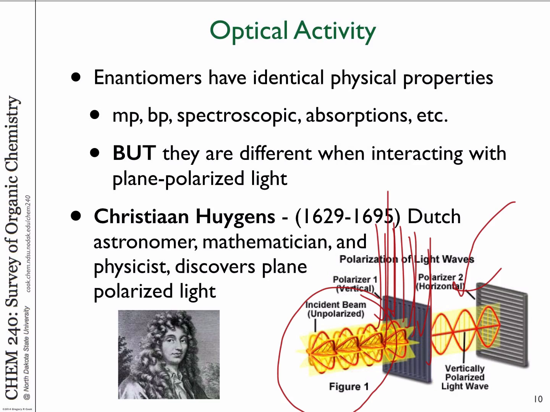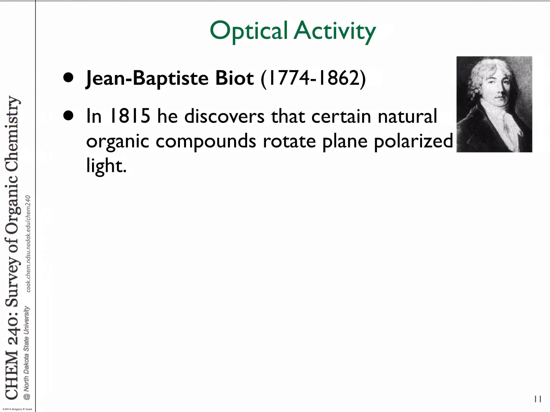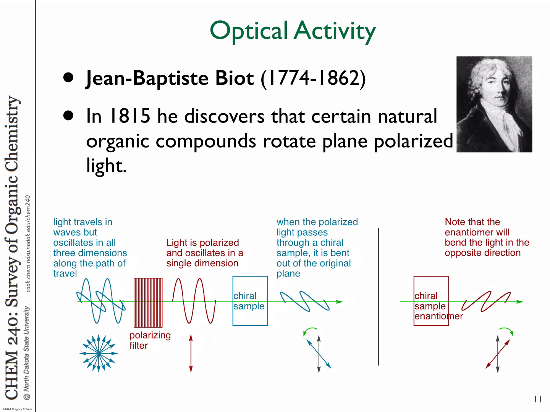And they discovered that certain chiral molecules will bend the plane of that light as it travels through a solution of it. This was discovered close to the 19th century, in 1815. He discovered plane polarized light would be rotated, the plane would be rotated, with certain organic molecules.